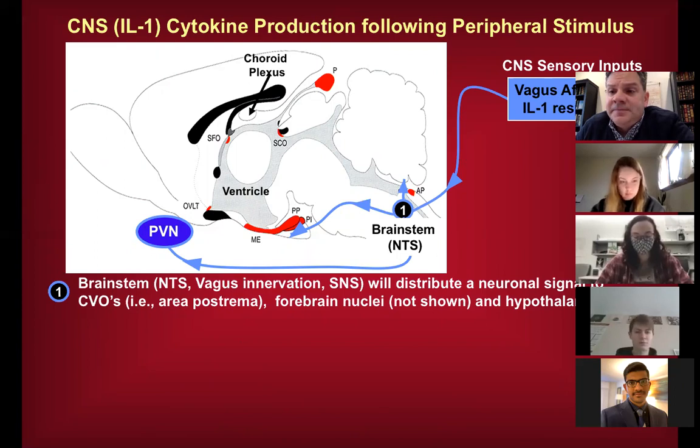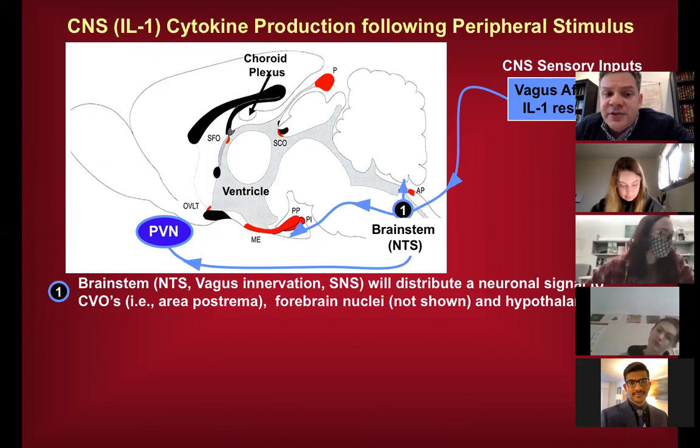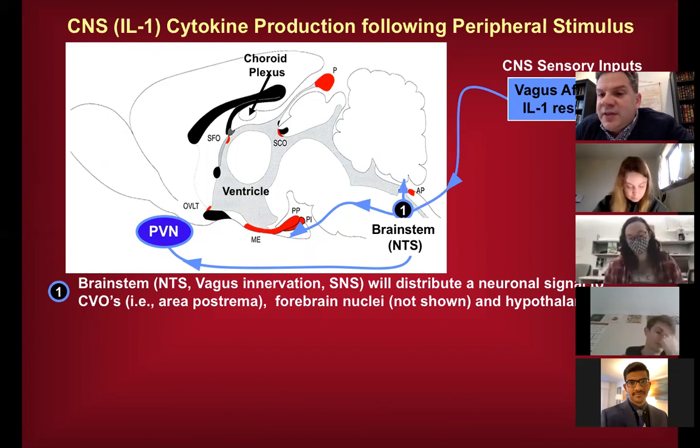Fair enough? Okay. So we're going back to our CNS sensory inputs from the vagus nerve. Let's say that our vagus is sensing some macrophage activity within the lungs, right? It's going to quickly send that signal to the brainstem.